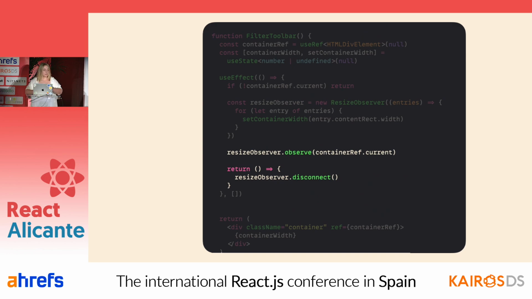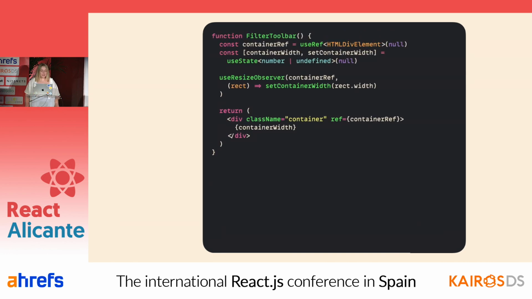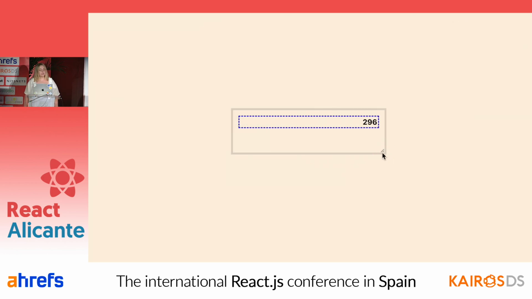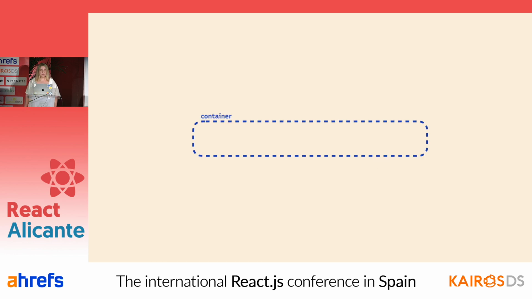Even better, we can extract this whole logic into a separate hook and just use a resize observer hook, which looks quite neat. Now, if we resize our element, you can see that it's dynamically recalculated, and we see the width. Of course, these kinds of operations can be costly. So ideally in a production environment, you will add some kind of debounce to make sure it doesn't recalculate too often.